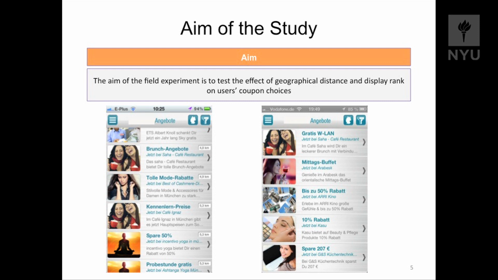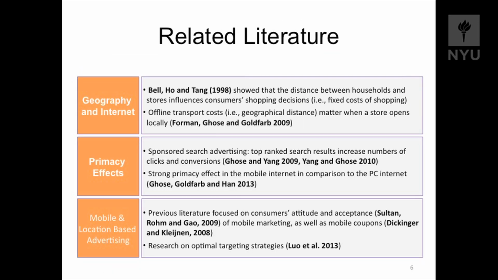Our interest in this study is about trying to look at the effect of distance and rank. In the past, we've done a fair bit of work in this space. We are able to look at the effect that distance between a user and the nearest retail store has on their purchases. In some separate work on search advertising, we looked at the effect that ranking has.